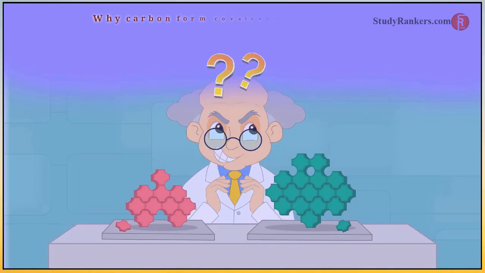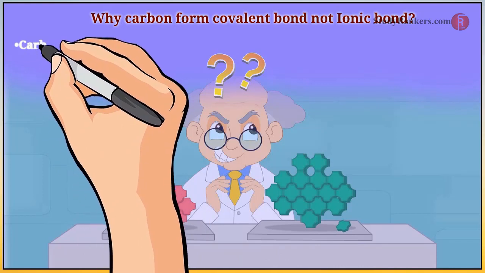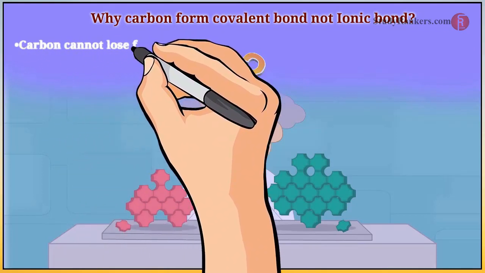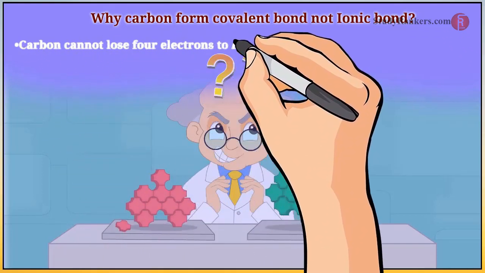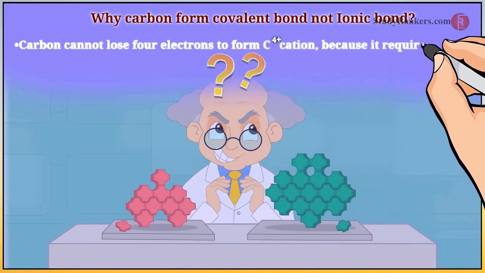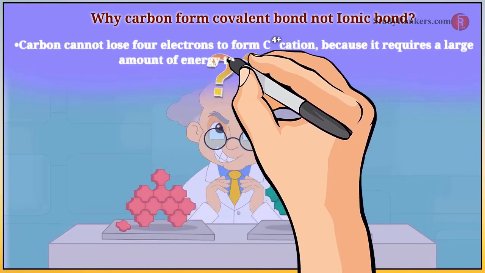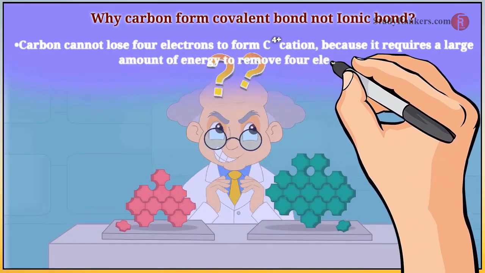A question arises, why does carbon form covalent bonds but not ionic bonds? As we know, carbon has valency 4. So, in order to form positively charged ions, we get C4+, and in order to form negatively charged ions, we get C4- ions.